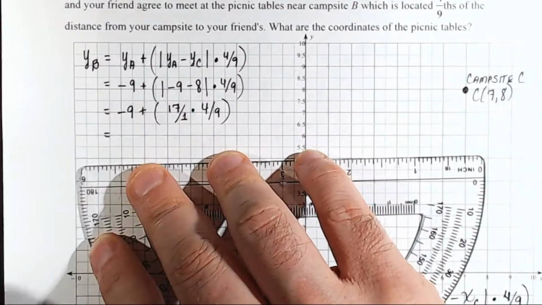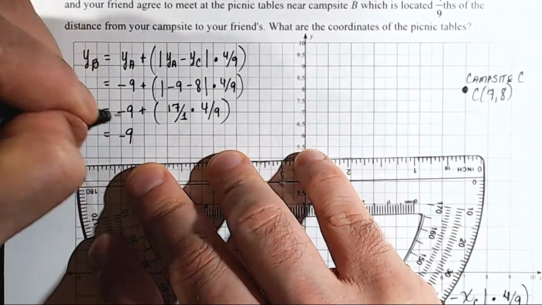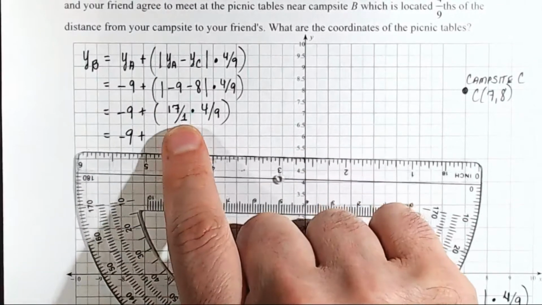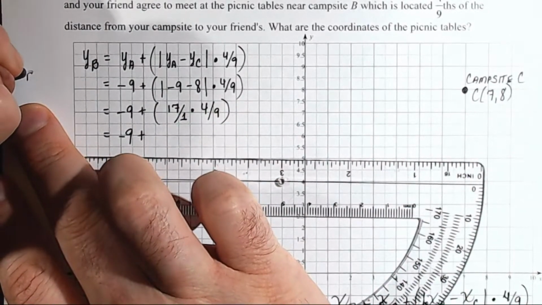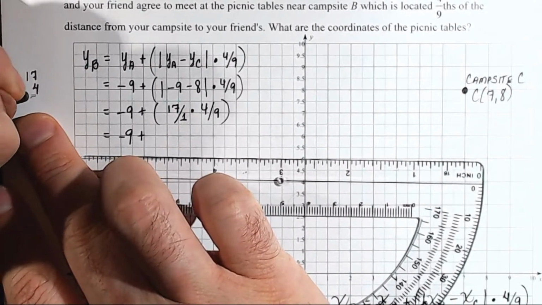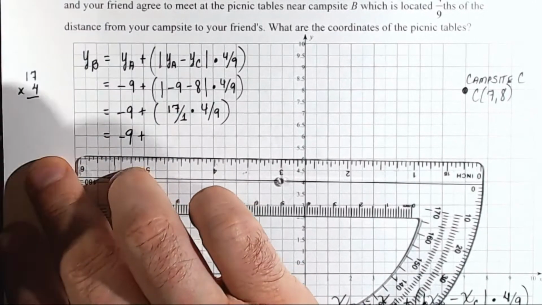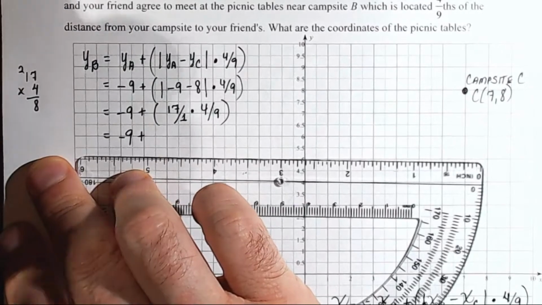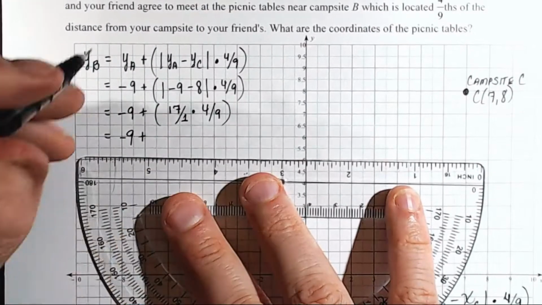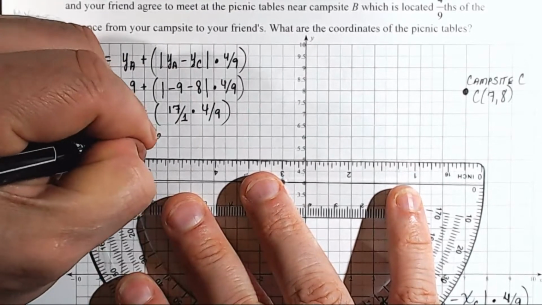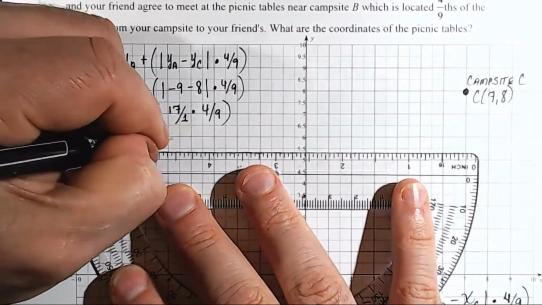But first we'll write equals -9 plus. All right, so now we've got to multiply 17 times 4, which is not one that I've ever memorized. So 7 times 4 is 28, carry the 2, so this is 68. So we'll write -9 plus 68/9.